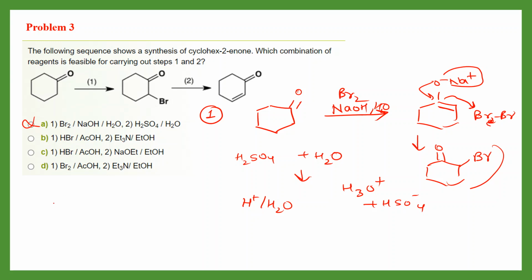Now option B, let's look at the possibility. It is given HBr. See, HBr is given and acetic acid is also given. So can anyone tell me which is more acidic among HBr and your acetic acid?